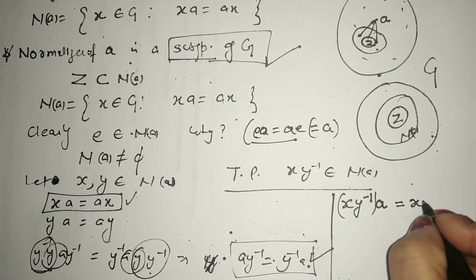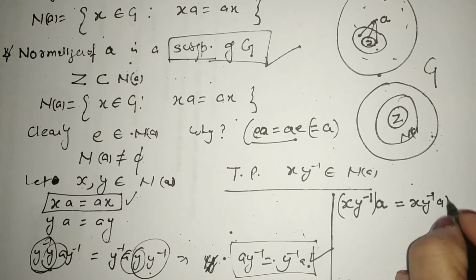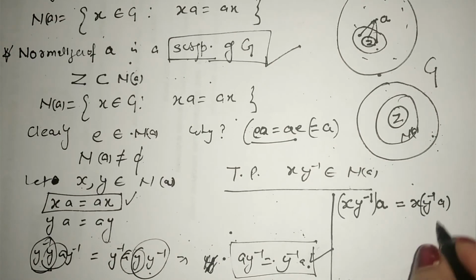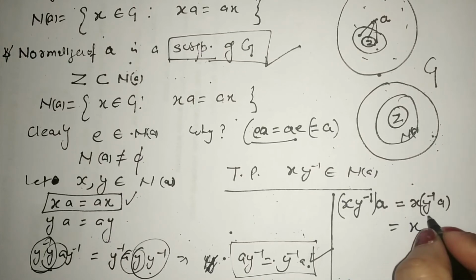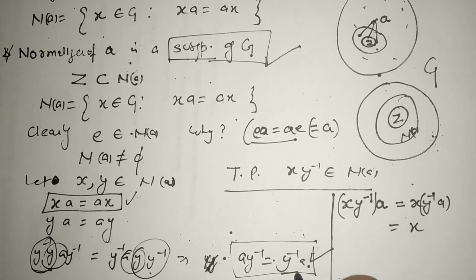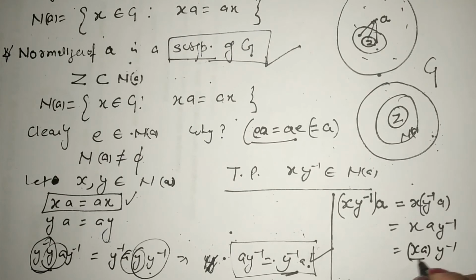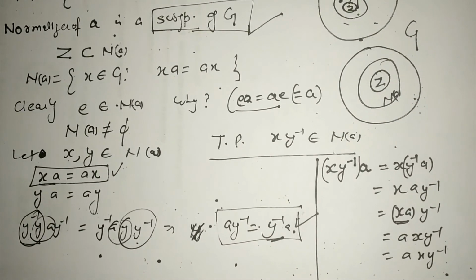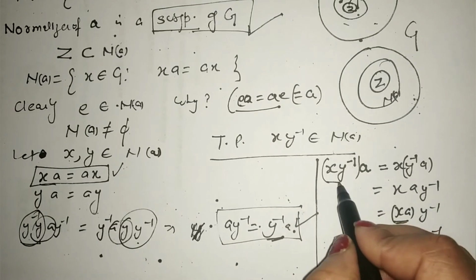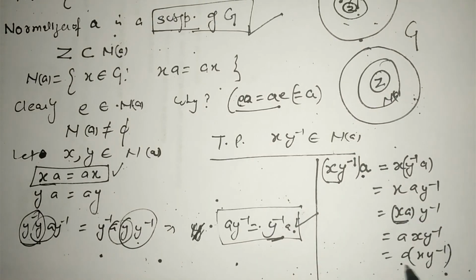So we write by opening the bracket, or you can say putting the bracket around the last two elements. Then Y inverse into A is A into Y inverse. So again we are putting the bracket on the first two elements. X into A is A into X. So what we get ultimately is X Y inverse into A is equal to A into X Y inverse.